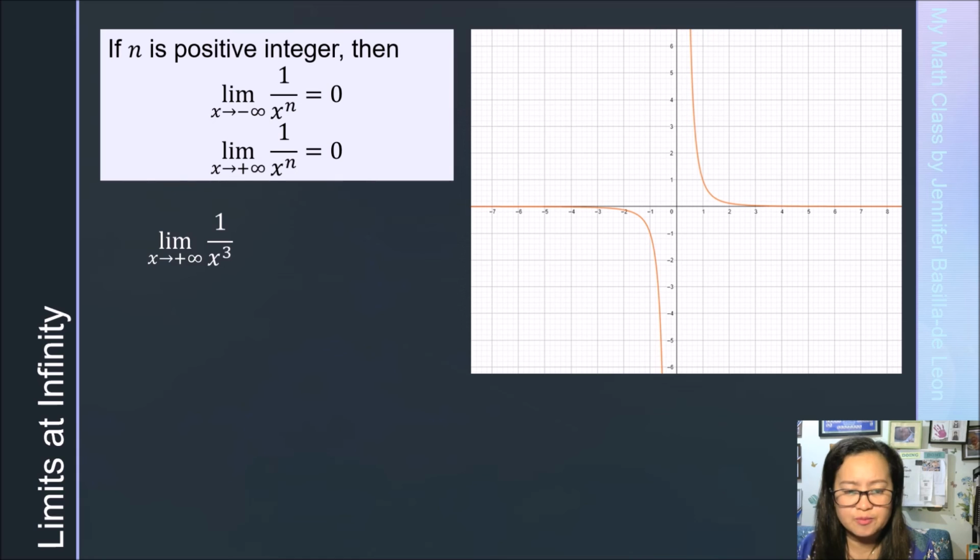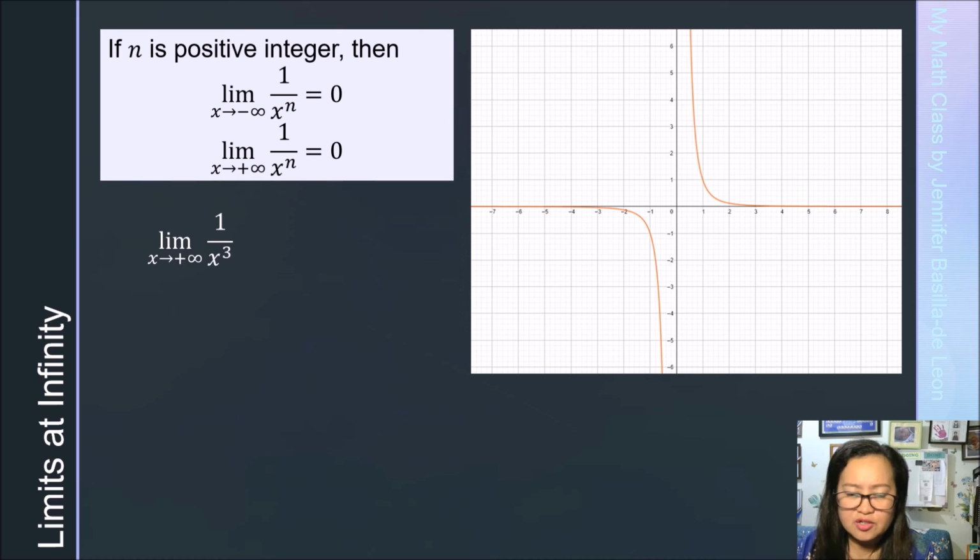approaches positive infinity. Now, take a look at this. Since we are approaching positive infinity, that means we will start from the left to the right.